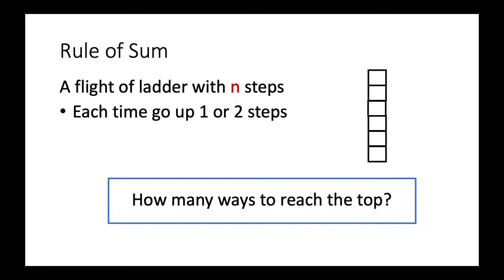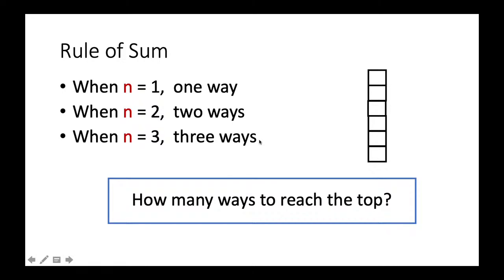So 1 plus 2 will be another way. And there's one more way. We can go up 2 first and then go up 1 next. So we can enumerate all the possible ways to go up the stairs with 3 steps. When n is equal to 3, there are exactly 3 ways. How many ways to reach the top?